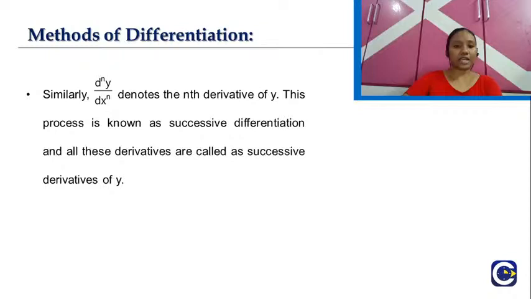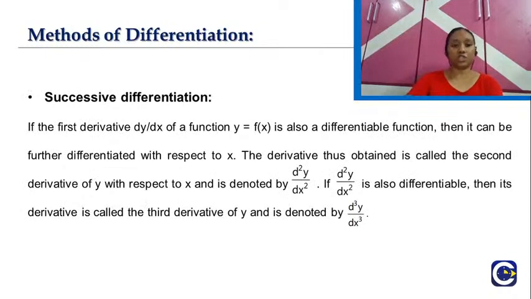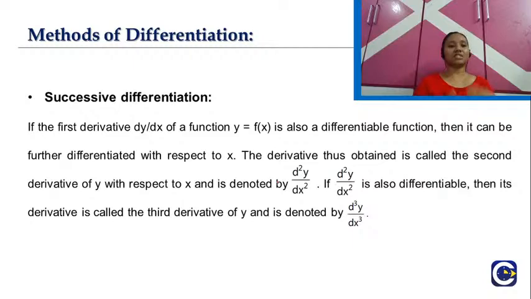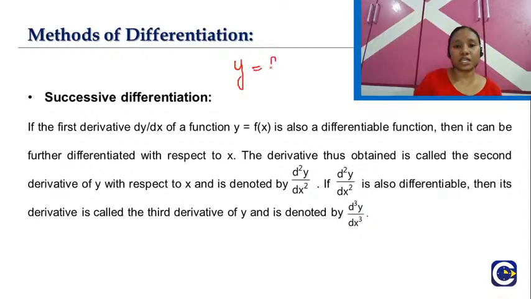So what is actually this successive differentiation called? If you guys remember, I have already told you like the first order, second order, third order. That is nothing but our successive differentiation of the function. Right. So if we are having a function which is y equal to f of x, if we can differentiate that in one step, then that will be our first differentiation.